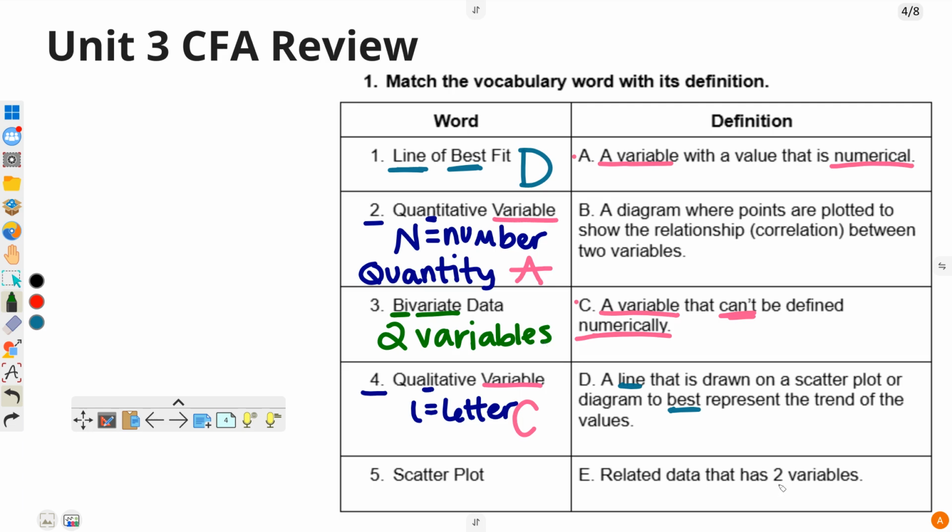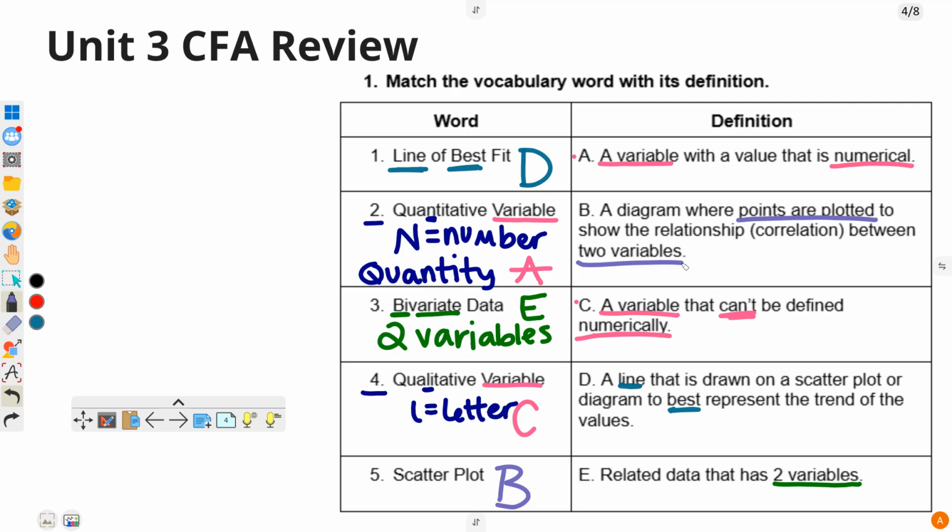Right here for E. So the answer to bivariate data is data that has 2 variables. Scatter plots, we better know. We've been doing those nonstop. It is our diagram where points are plotted to show the relationship, our correlation between our 2 variables. We have our X and our Y, and that's what we're showing.